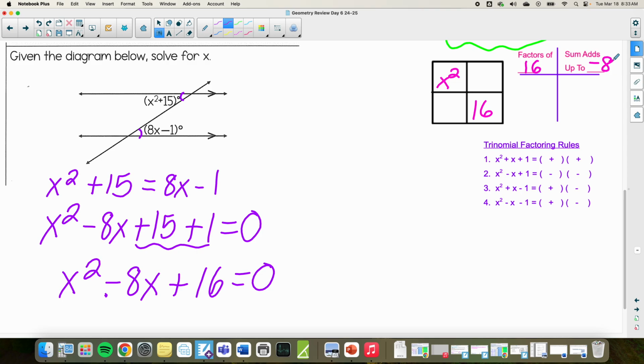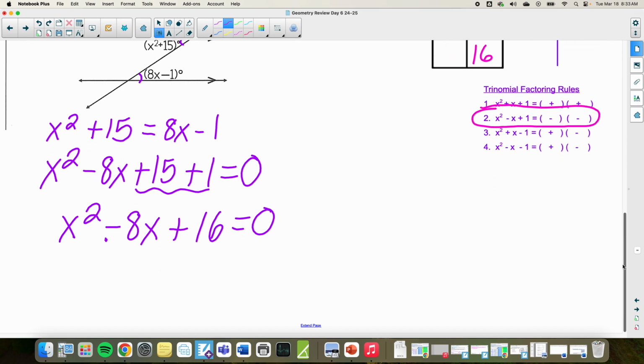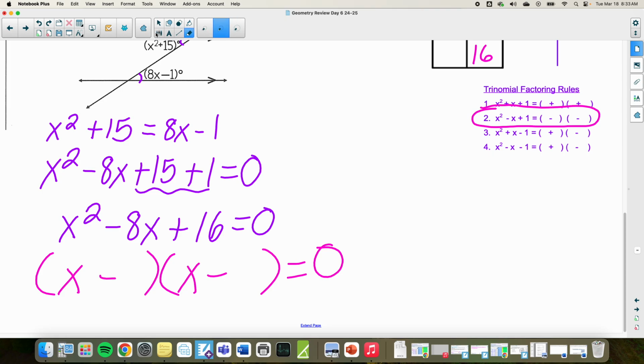The reason is, and I kind of gave you these 4 factoring rules here, whenever you have this scenario right here, where your middle term is minus and your last term is plus, both of your factors are going to be minus, okay? So when you come down here and you copy down your factors, it's always going to be x minus and x minus, okay, all the time.